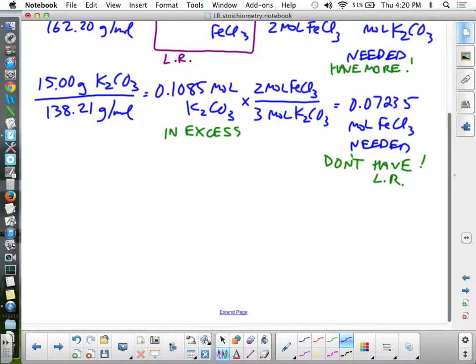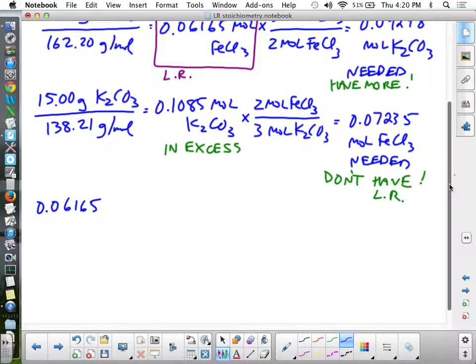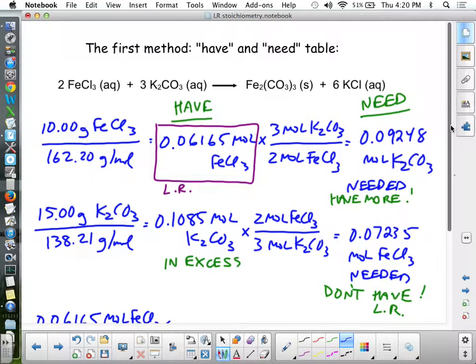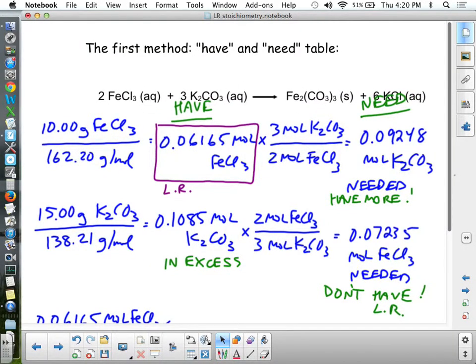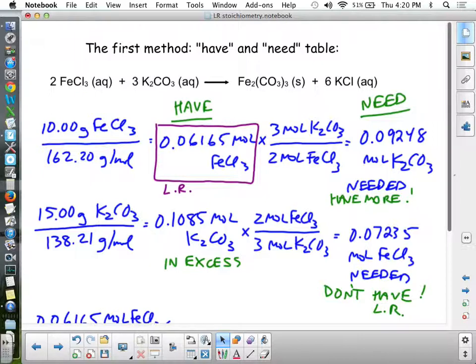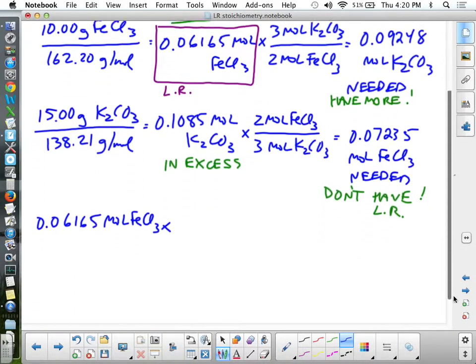Now that I've done that, I use the moles of limiting reactant I have to calculate the theoretical yield of product. So I'll take my 0.06165 moles of iron 3 chloride I have, multiply by the appropriate mole ratio, which is 1 mole of iron 3 carbonate for every 2 moles of iron 3 chloride.